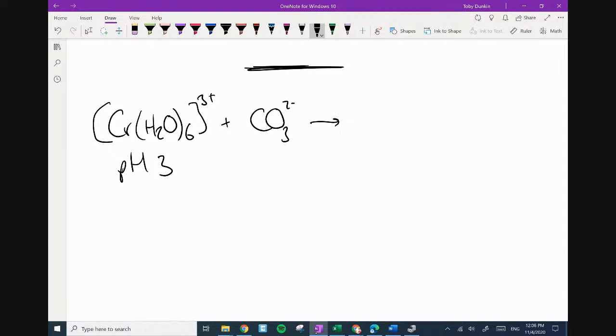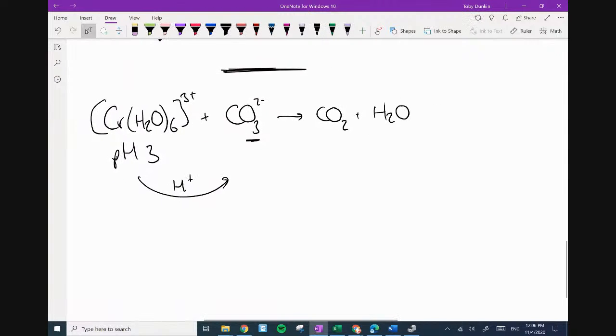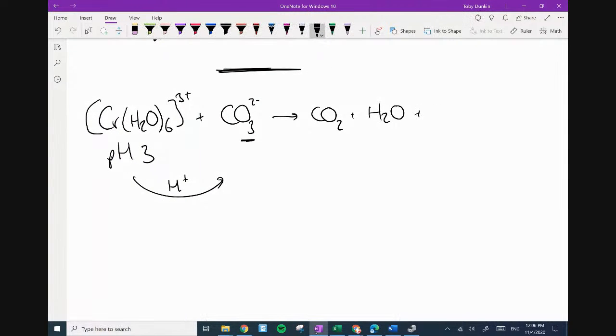The carbonate is going to become CO2. It does this by providing protons, and what that means is I'm also going to form water, because the oxygen that was in the CO3 2- has now gained H+. Now, how many will it lose? It's going to lose 3. It's going to form the precipitate that we saw on the other ones. There we go, and that's a green precipitate.